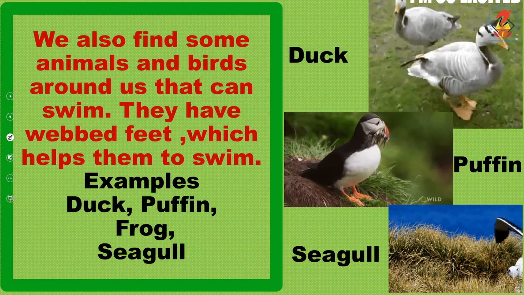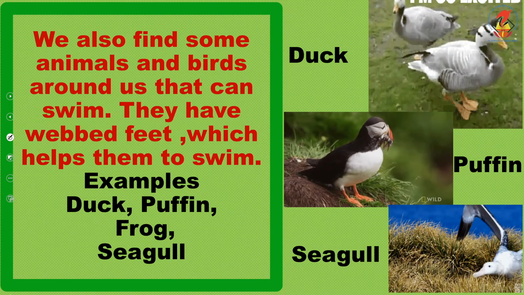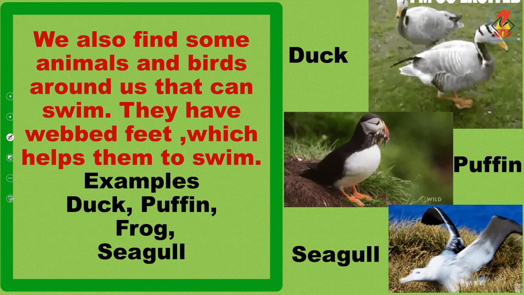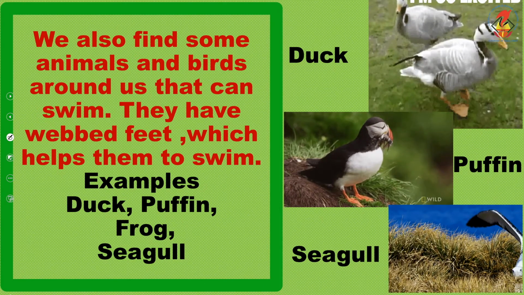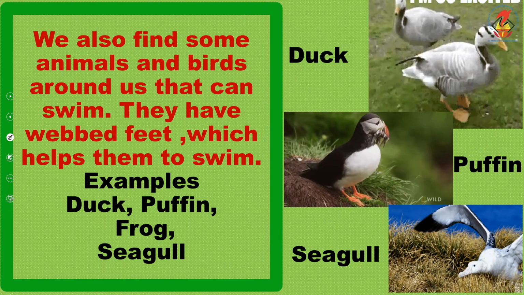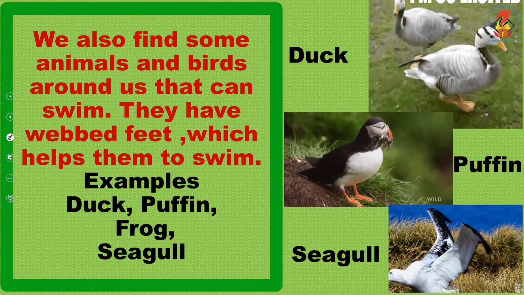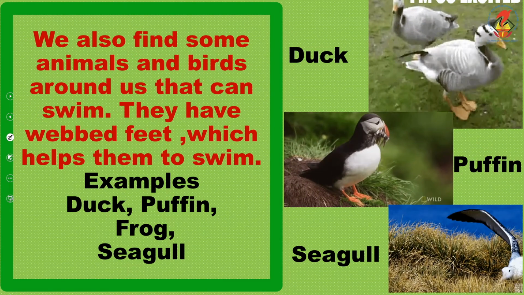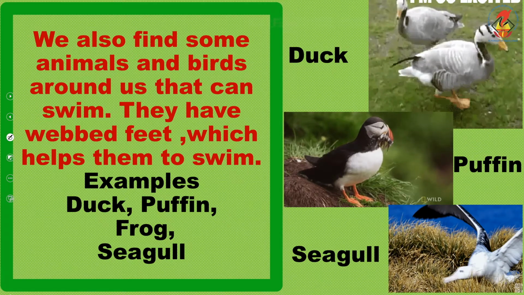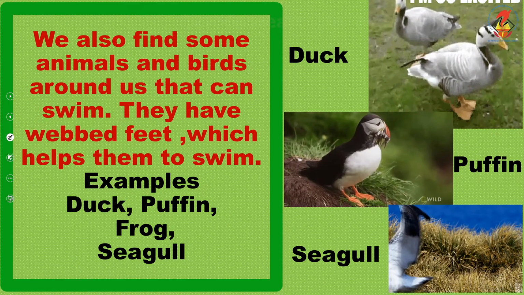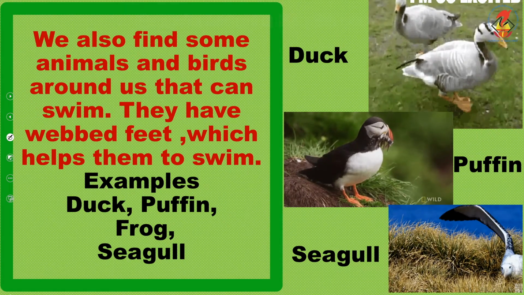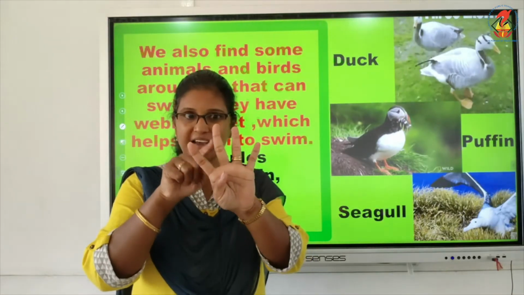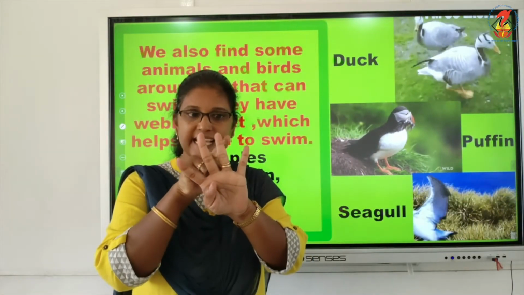And if you take the puffin, puffin is a kind of bird which is a very, very good swimmer. It can swim very nicely. If you see its feet, you can see its webbed feet. Then if you take the seagull, it also has webbed feet. That means, webbed feet means, when they have the toes like this, there is a skin.